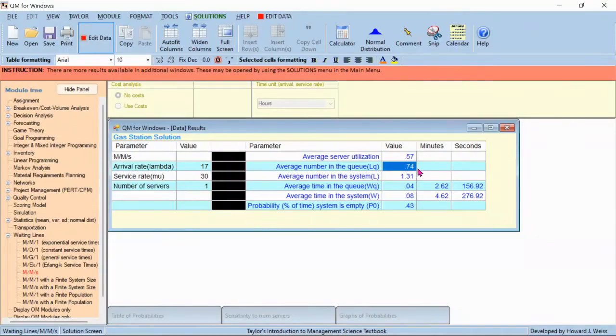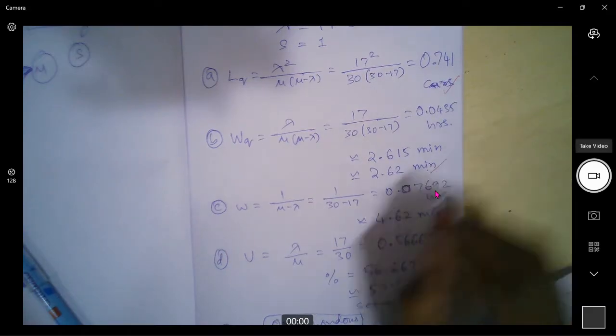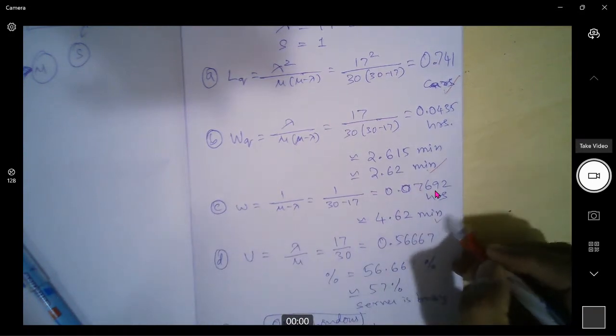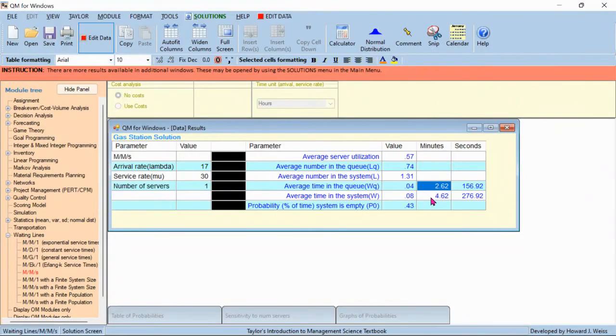Next one, WQ, that is waiting in the queue. 2.62 minutes. Here you can see average time in the queue, 2.62 minutes we are getting. Therefore, this answer is also correct. Next one is total waiting time in the system, 4.62 minutes. Again you see 4.62 minutes is there in the solver also.